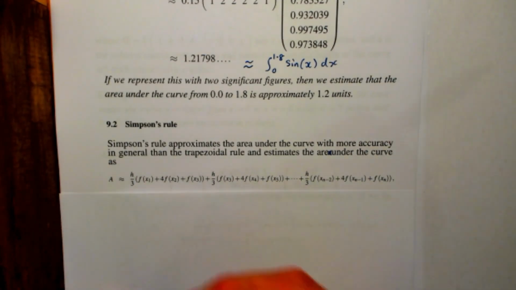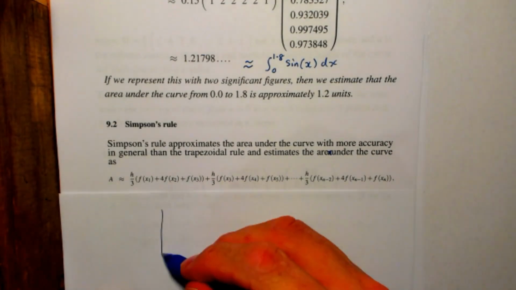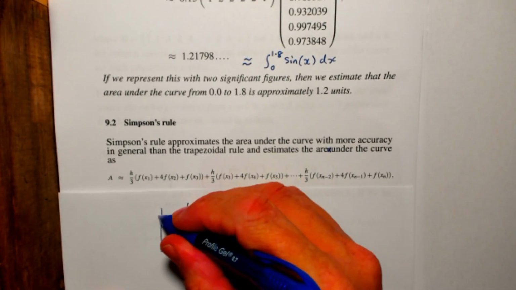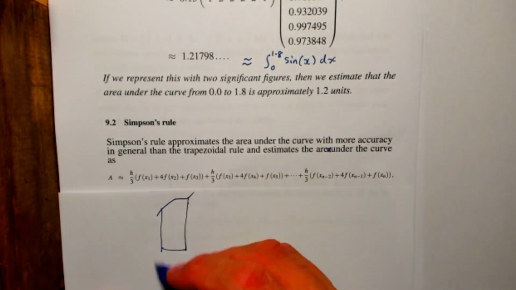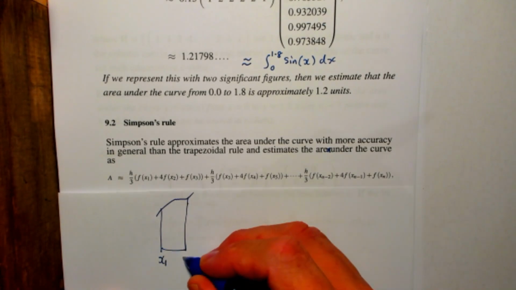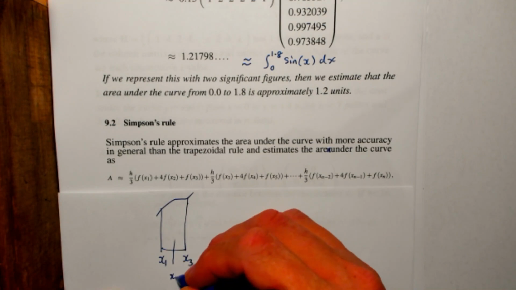So it estimates the area under the curve from x1 to x3, and in the middle, let's say there's x2.